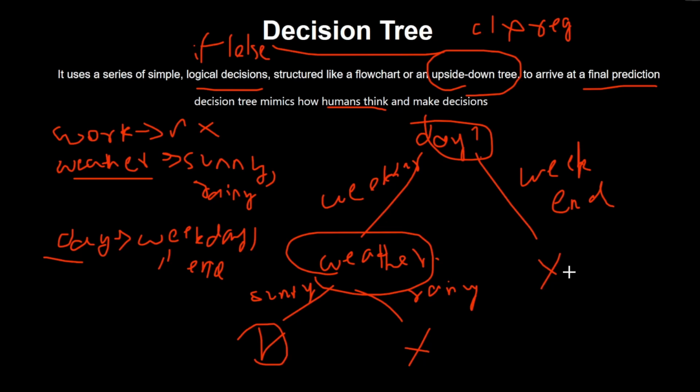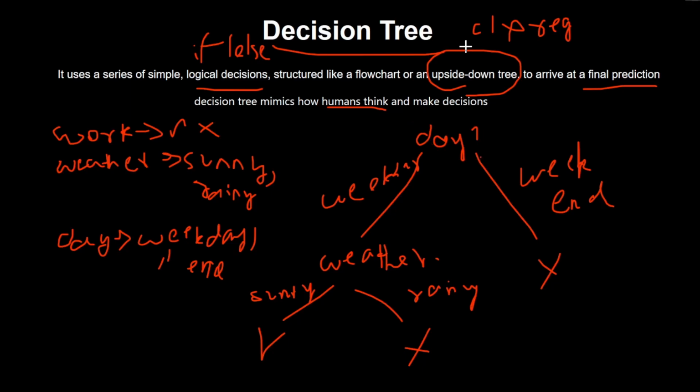What basically happens while training a decision tree is that the starting node is called the root node. Here we have the set of all data, and initially we ask which feature we need to split on, which we will discuss later. Here we chose the feature day and decided to split the whole data.